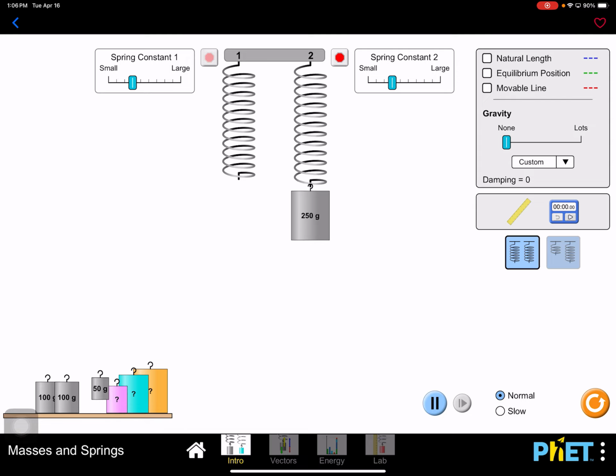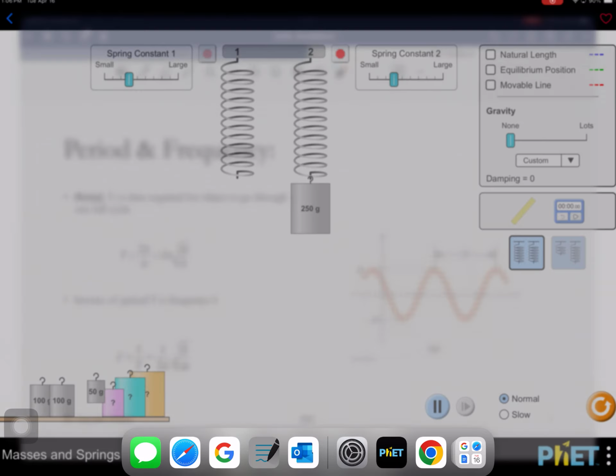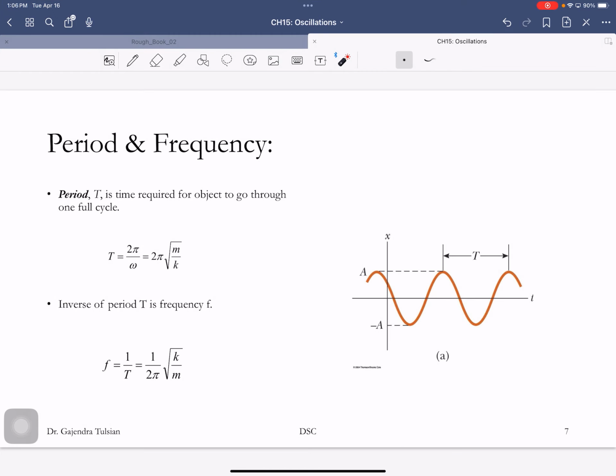Now what happened to the oscillation? What happened to the period? It's a longer period. Period increased, right? And that's what our formula is saying. When the mass increases, the period increases. What our formula also says is if the spring constant is larger, the period is smaller. So stiffer the spring, smaller the period.